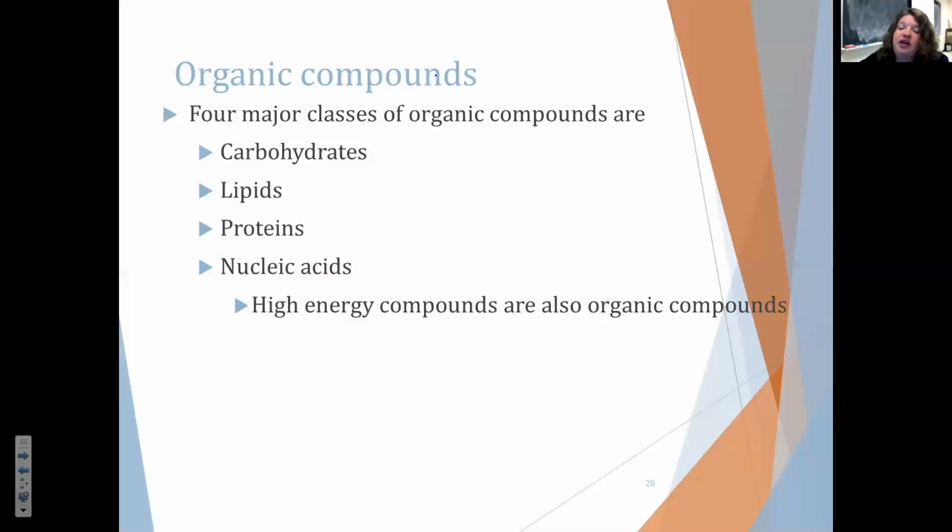So the rest of the chapter is going to talk about these 4 major classes of molecules. This is what we've been working up to this point in the chapter. So we started to talk about atoms because we needed to talk about how atoms get put together. The central focus of that discussion was the bonds and how bonds form.